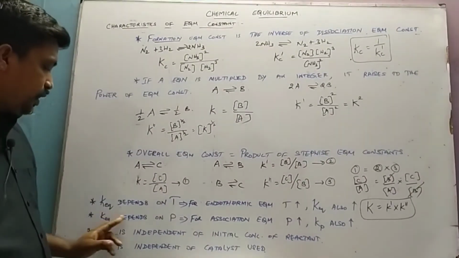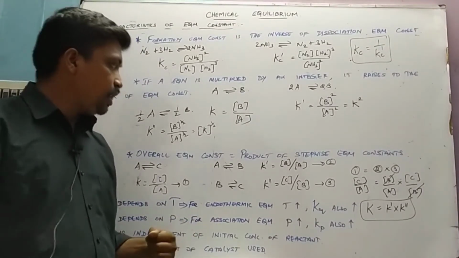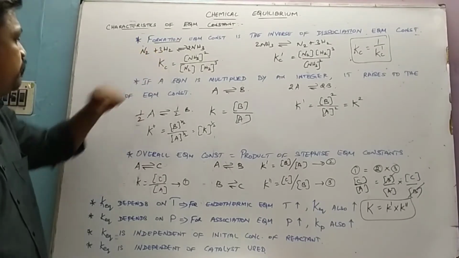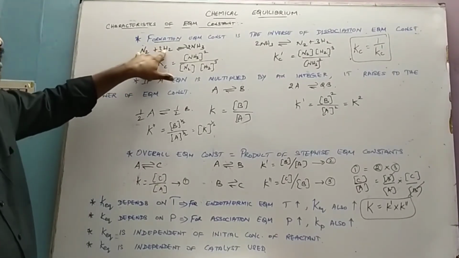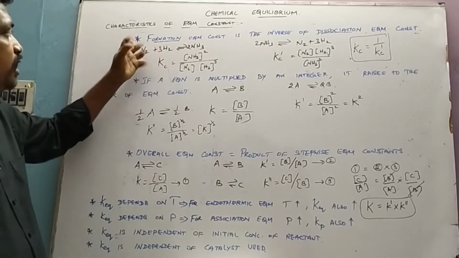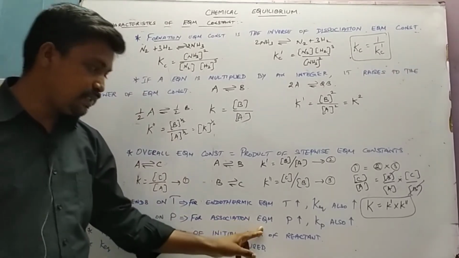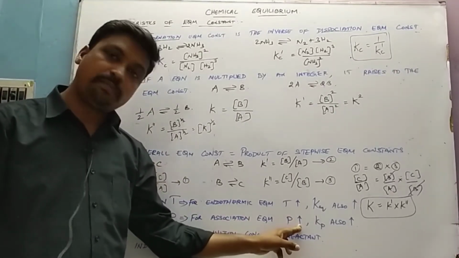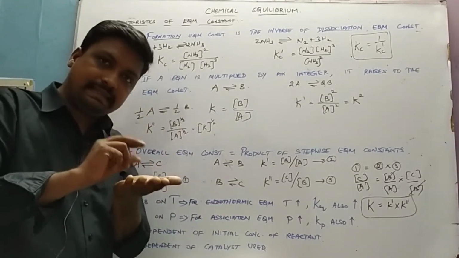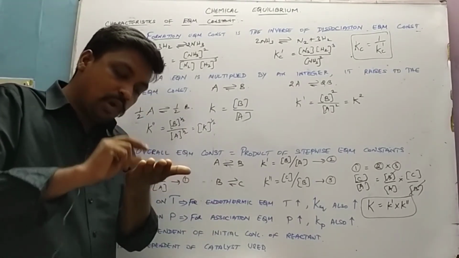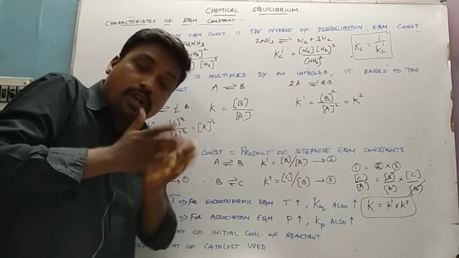Similarly, it depends upon pressure. Give an example for association equilibrium: 4 moles of reactants associate to form 2 moles of ammonia. In such equilibrium, if you increase the pressure, consider 3 erasers, one placed over the other and a third over the other, and you apply pressure.